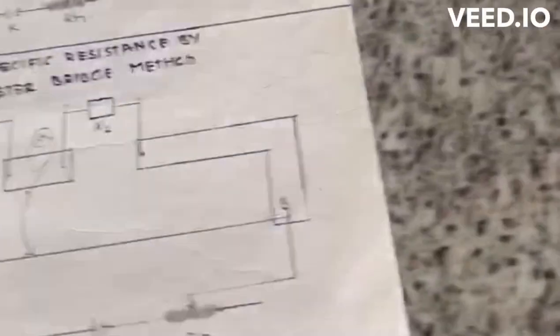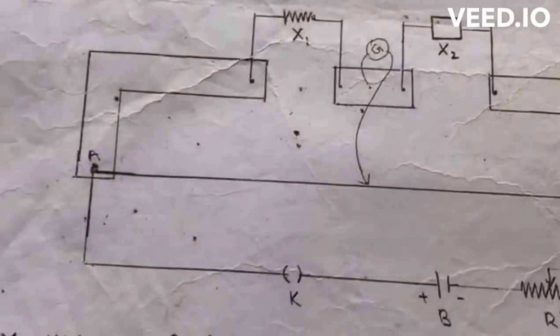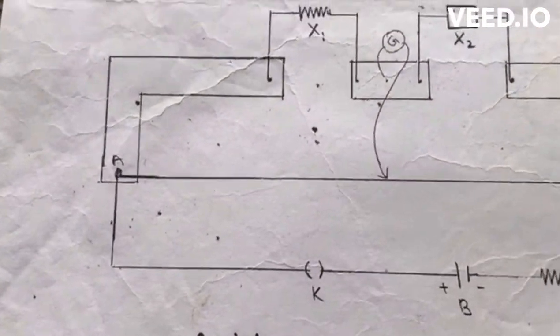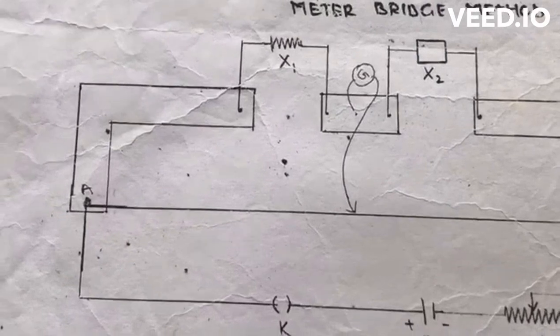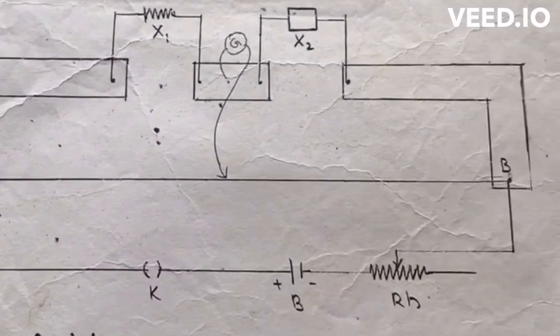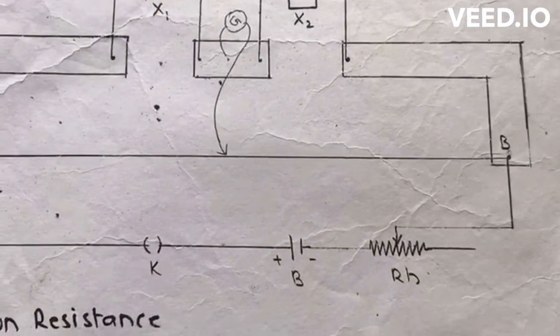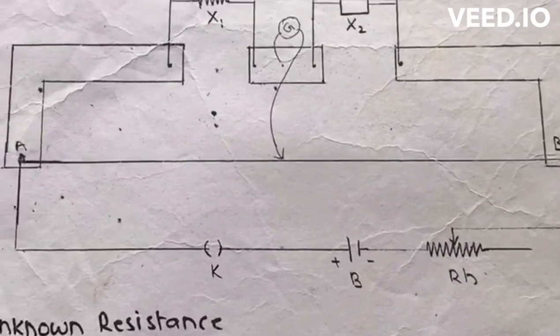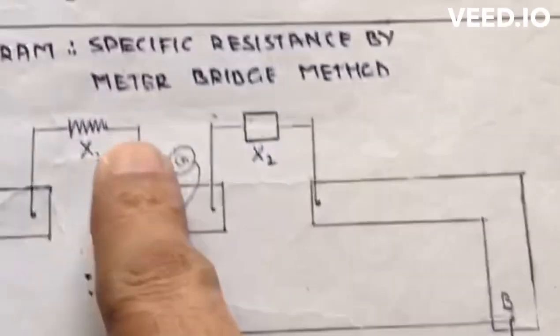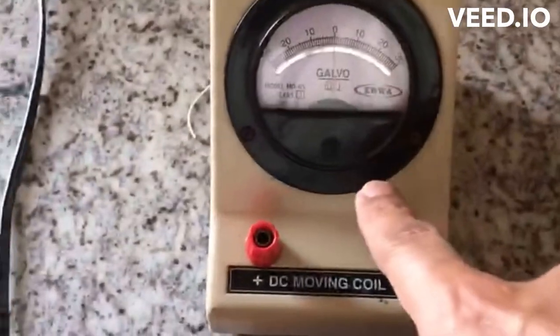Before we start the actual circuit connections, it's always good practice for all experiments having a circuit diagram to keep the apparatus as they appear in the circuit diagram, so that it will ease your connections. Here is the wire, the galvanometer over there, the resistor box over here, and the rheostat with the variable terminal facing this end.